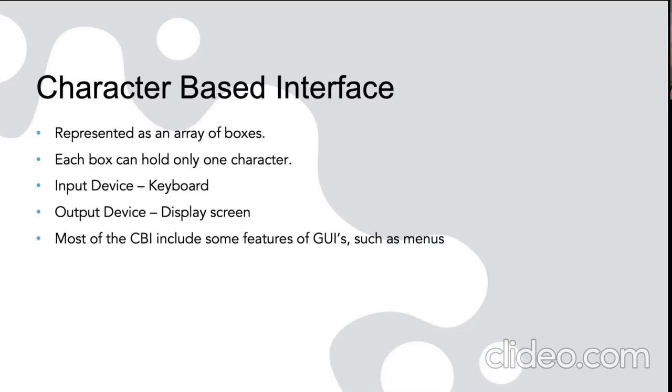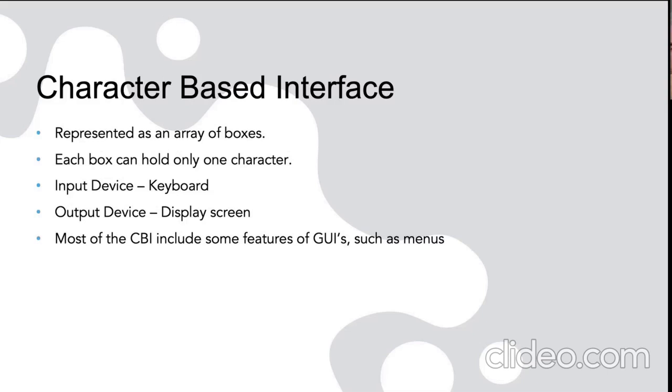They are displayed in the corresponding boxes on the screen, and a basis of communication will be formed between the user and the computer. So like the keyboard usually serves as a primary input device for character based interfaces. Like we type using the keyboard. So like whenever you type a particular key, the corresponding key will be displayed on the screen.